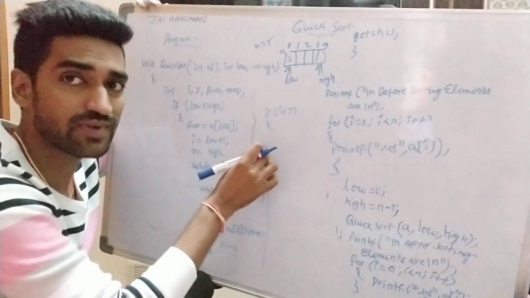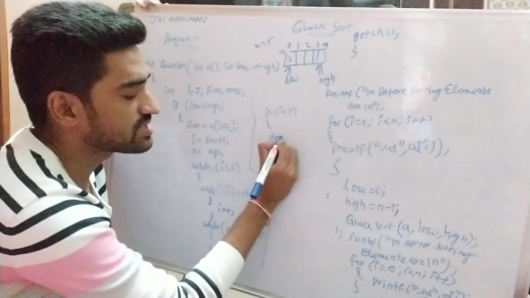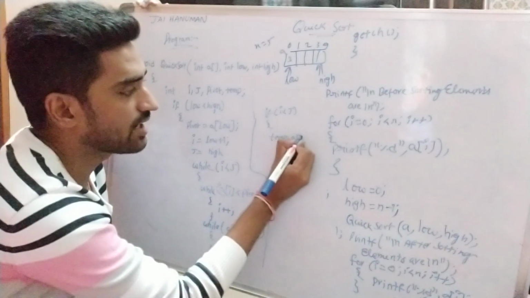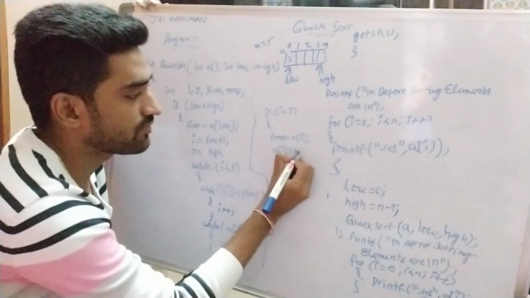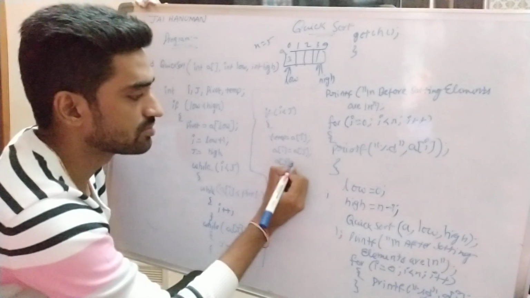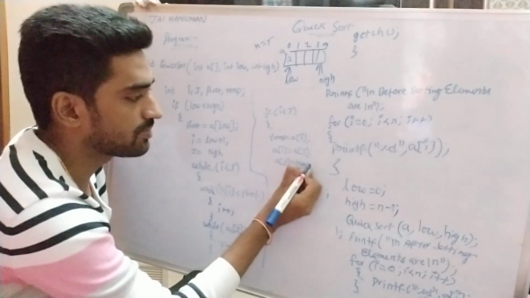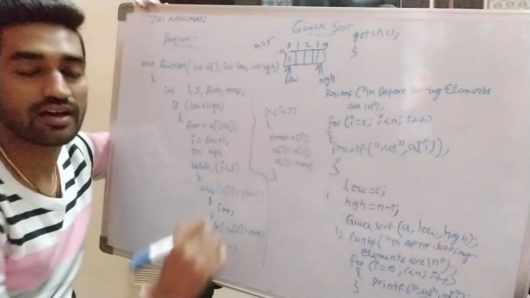So temp is equal to a of i, a of i is equal to a of j, a of j is equal to temp.